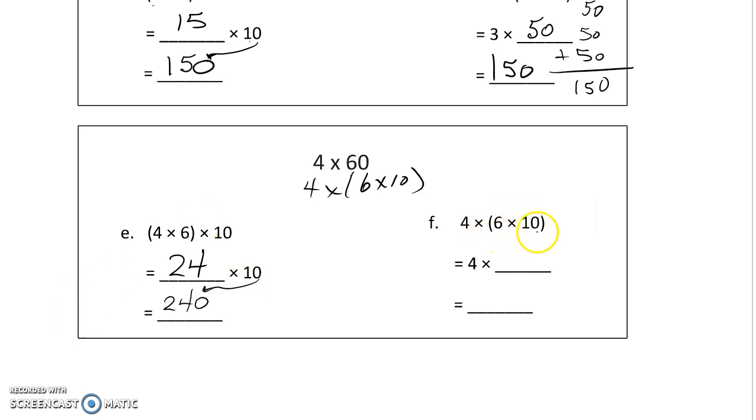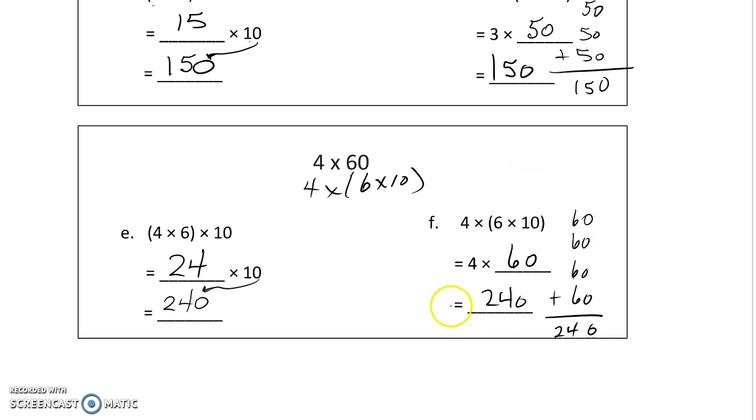The other way is leaving the parentheses around the 6 times 10, so 4 times 60. So you're adding 60, 60, 60, and 60 together. So 0, 0, 0, 0, 6, 12, 18, 24 to get 240.